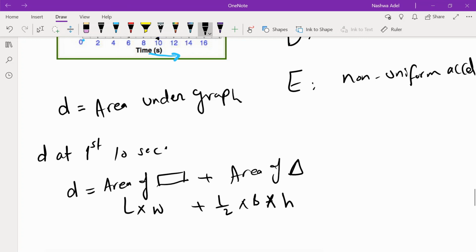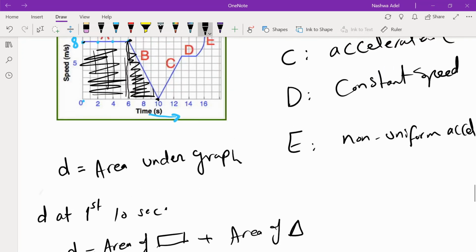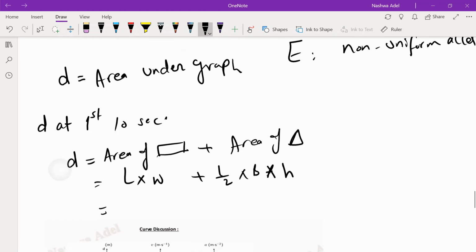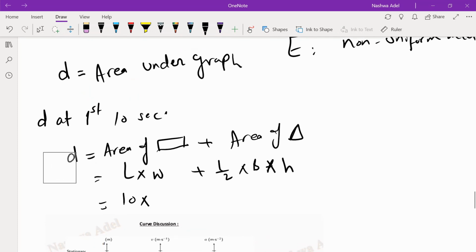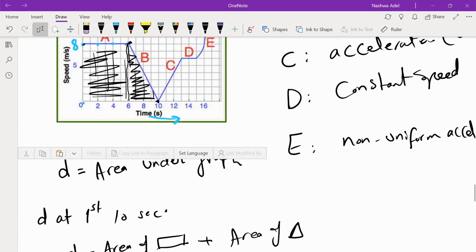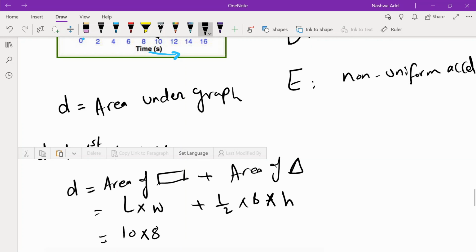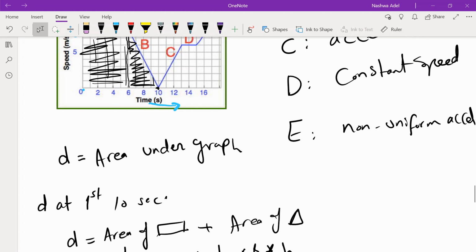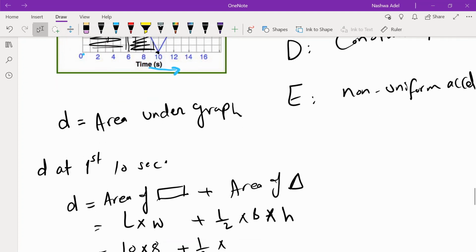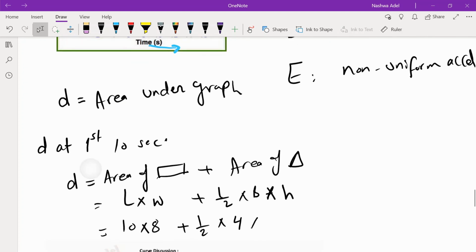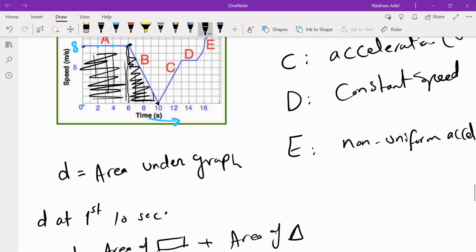The length is from 0 to 10, times width from 0 to 8, plus half times base from 6 to 10, so the base is 4, and the height from 0 to 8.